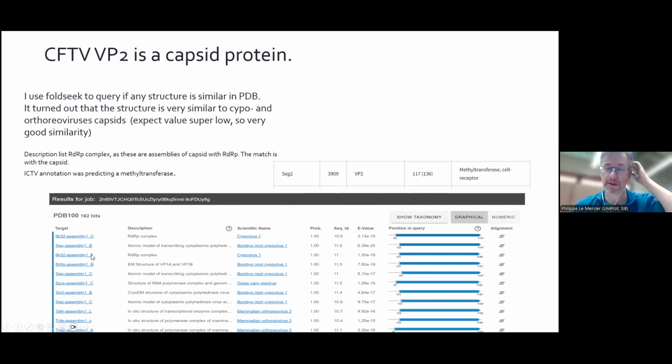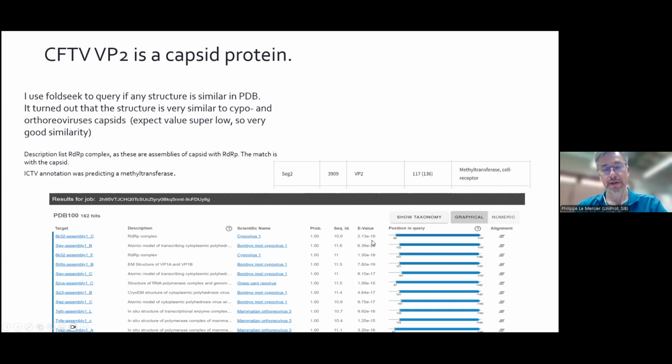I told you for many viruses, you have a complex in PDB with all the proteins. So it's called the RBAP complex, but in this virus, you have the capsid and everything together. So you look at the chain C of the complex, and you will see that it is actually the icosahedral capsid protein. And you see here, you have an expected value extremely high. For all the work I've done, it's rare to have one so high.